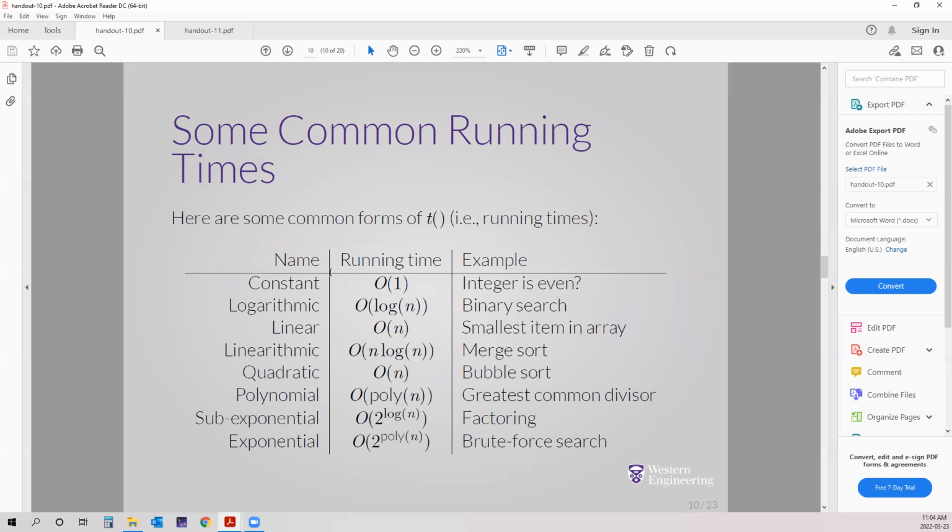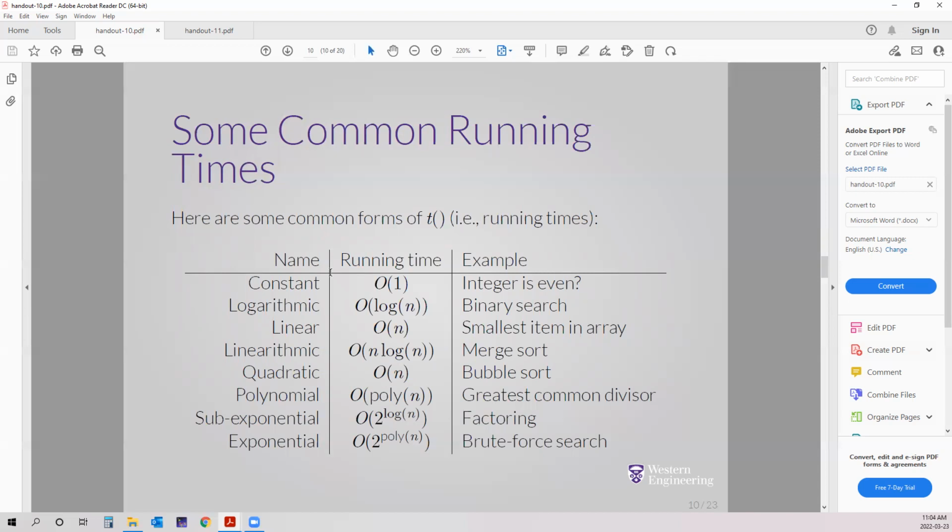Here are some forms of T of N running times. If we have a constant, it would be big O of 1, for example the integer is-even problem. We input an integer and find if it's even, so one step to decide. Logarithmic: big O of log N, for example binary search.